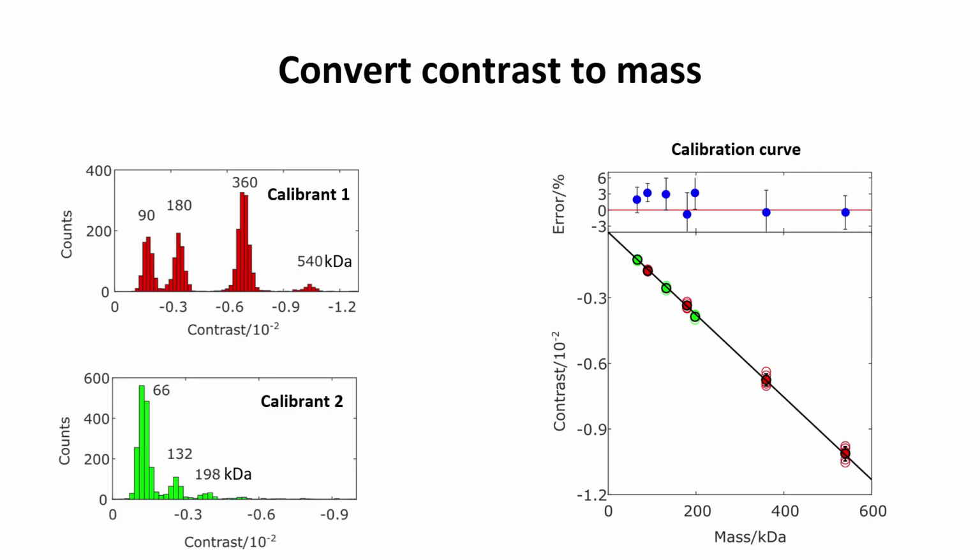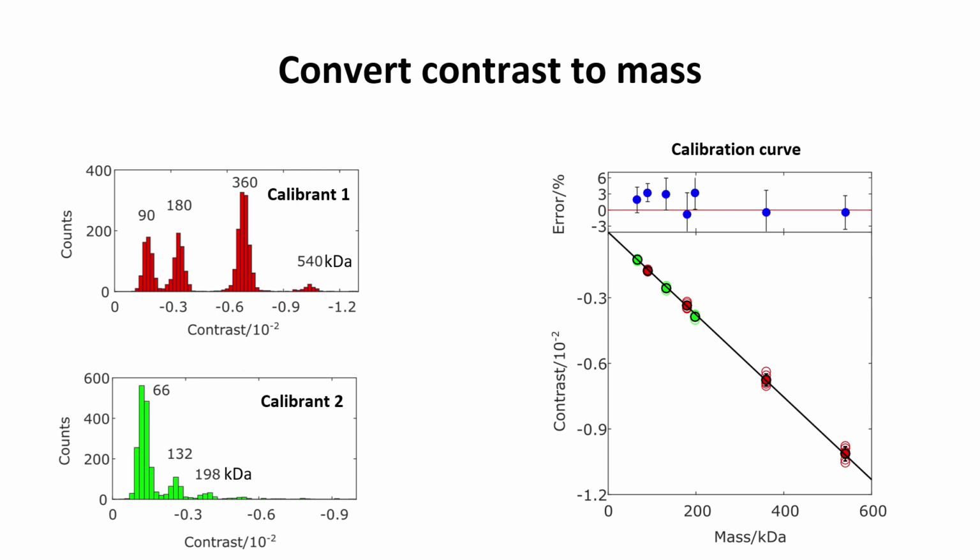The only missing part is to convert the contrast to mass. This is done by standard proteins where you know exactly the mass. Here are two examples of calibrant. One is a protein that has different oligomeric states at 90, 180, 360, and 540 kilodalton: a monomer, dimer, tetramer, and hexamer.